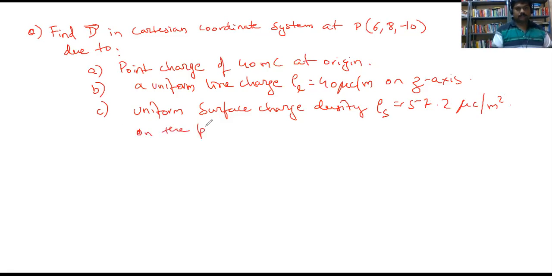So you have to find the electric flux density D at this given point P, due to the point charge at origin; second, the uniform line charge on the Z axis; and a sheet of charge placed on the x equal to 12 plane.